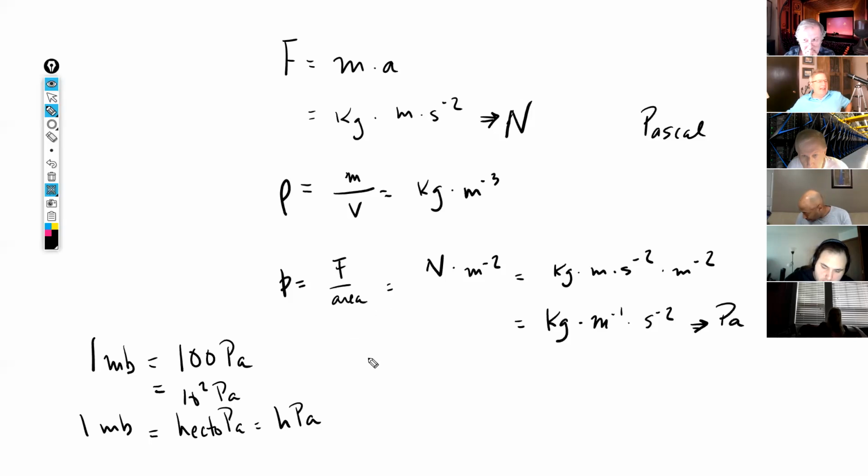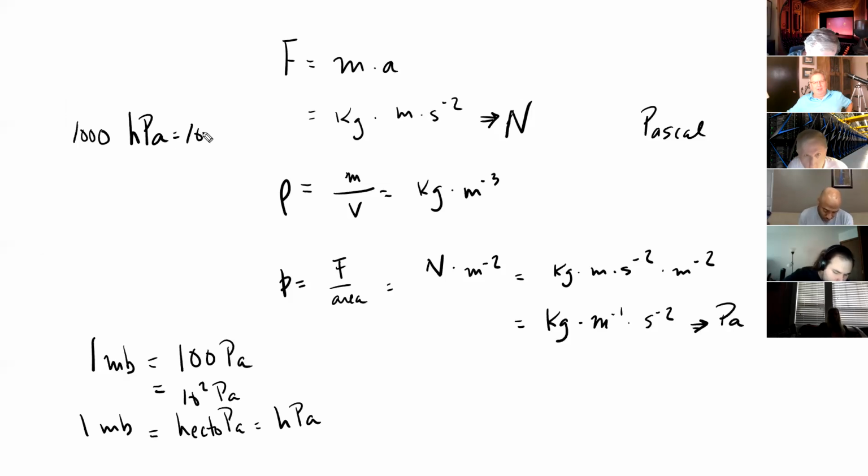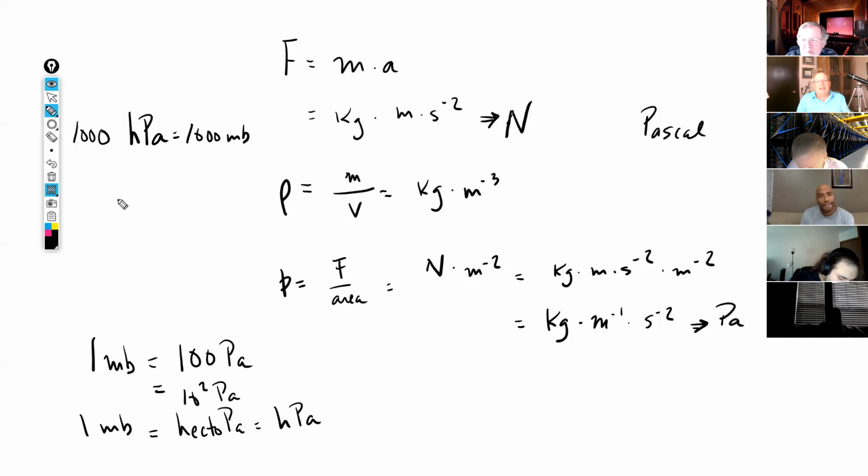When you look at any writing in any journal, you will see 1,000 hectopascals, HPA. That is exactly the same thing as 1,000 millibars. Because we're used to these numbers, they say hectopascals. I say, why don't you say millibars?